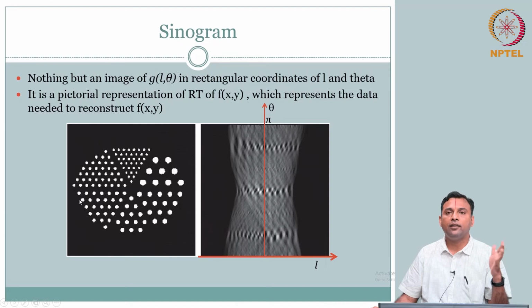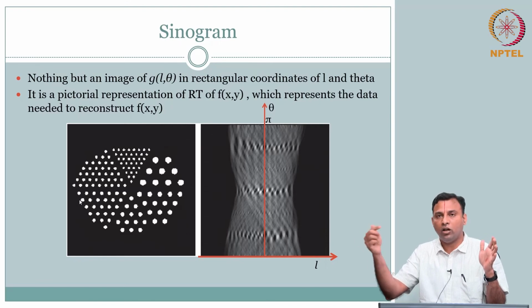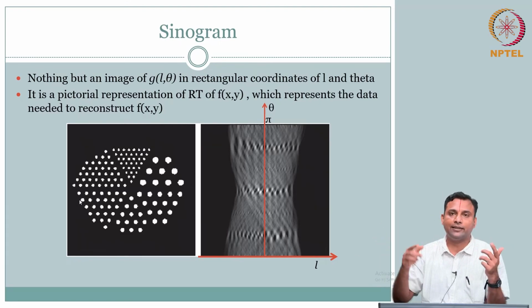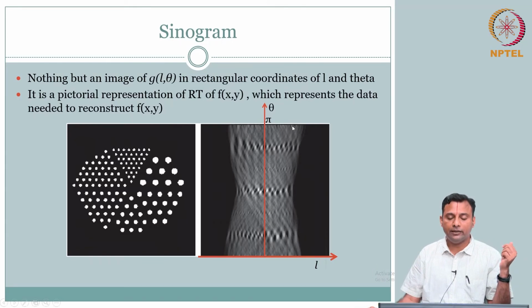Because at 180 degrees you are starting to see the same pattern. You project from this side and collect on the other side, or project from the other side and collect on this side, it is the same line. So, the line integral is going to be the same. Typically this sinogram plot has L and theta, and theta usually is just less than pi, and you have several of them depending on your step size, how many different views you are stepping, which determines this axis.